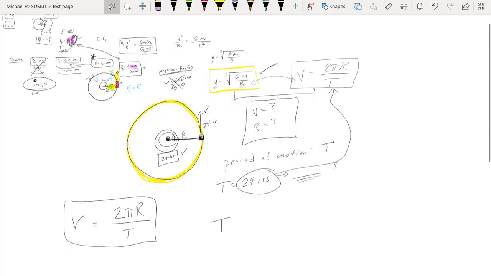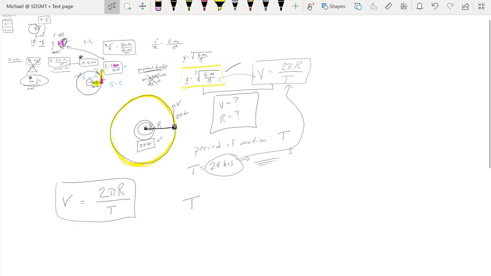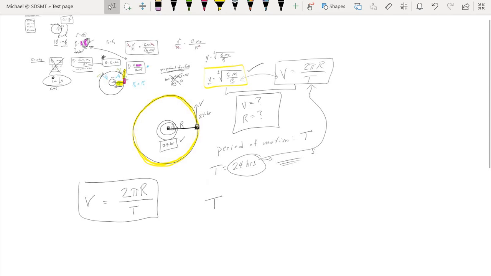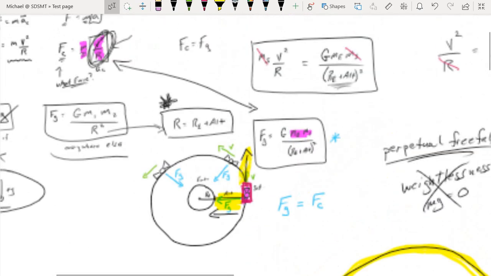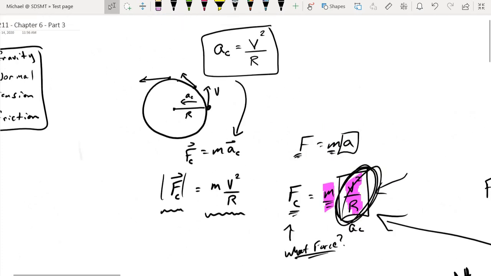So lots of stuff that we could do with that, probably more than you were expecting for circular motion and gravity. But now we're going to move on to the second of the forces on our list, which is the normal force.